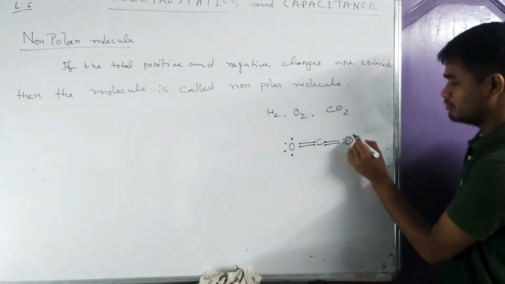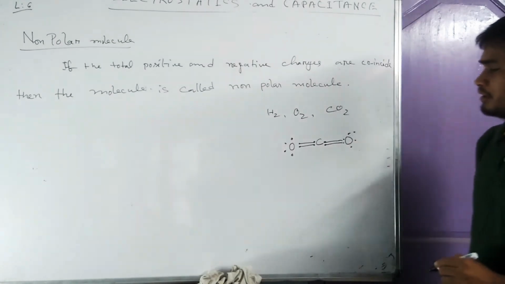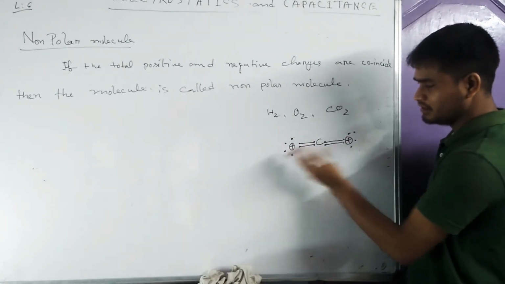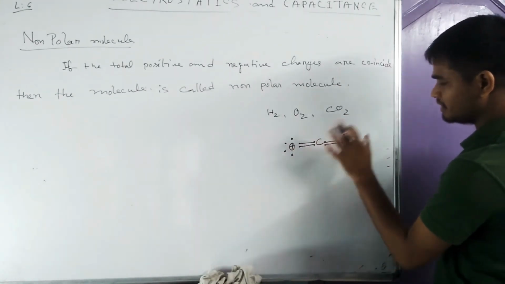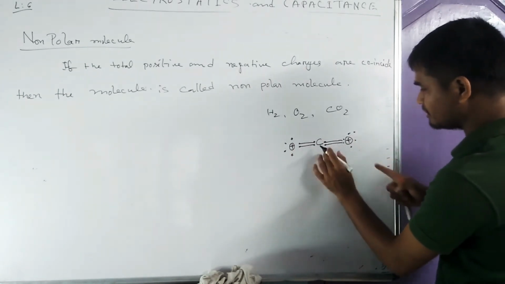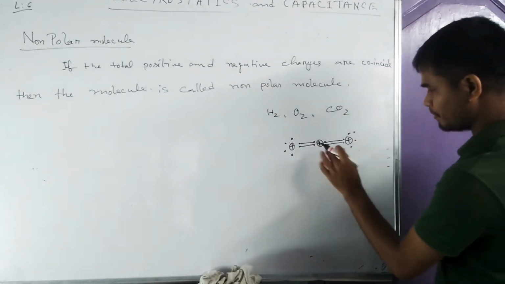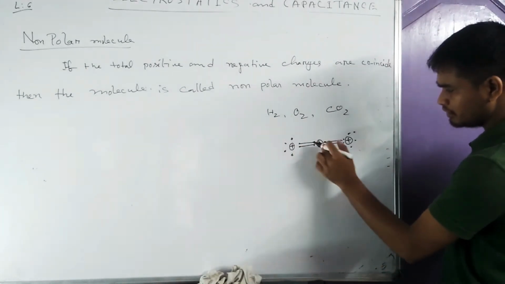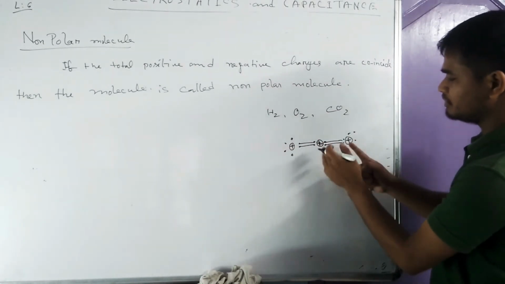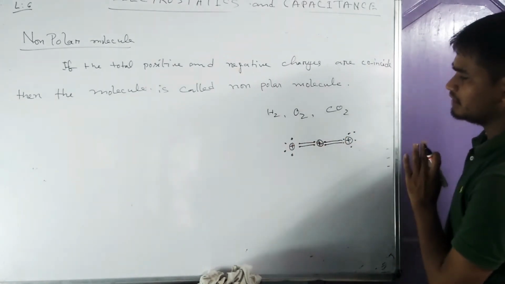So the total charge of the oxygens and the carbon is balanced. There are also positive charges in the nucleus. So this is balanced. That is, all the positive charges will coincide with the negative charges.